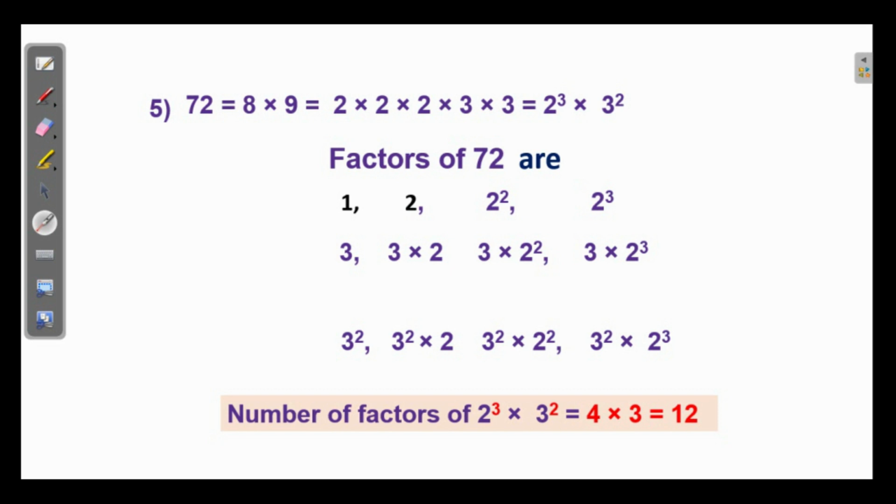Here 4: 1, 2, 3, 4. 4 into 3, 12 factors are there. That is, here the power is 3, 3 plus 1 is 4. And here the power is 2, 2 plus 1 is 3. So 4 into 3 is equal to 12, the number of factors.